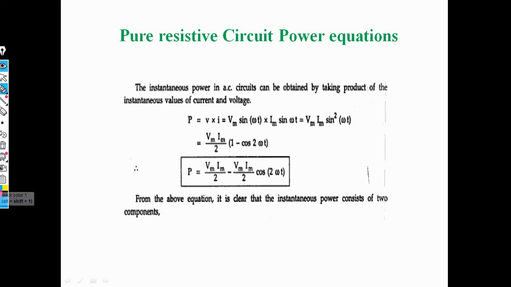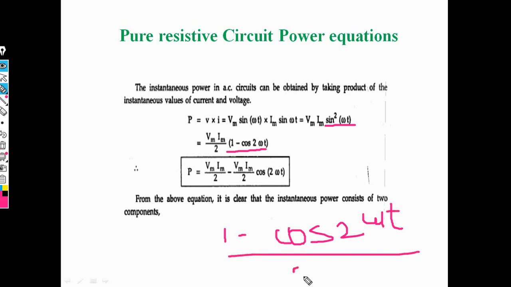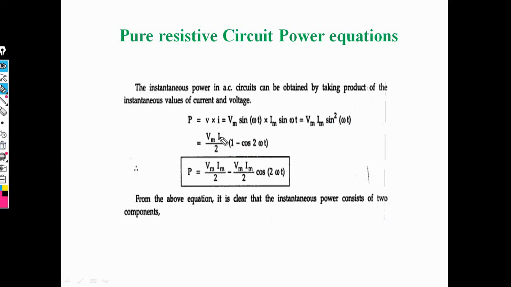This formula is put here, so we get Vm into Im upon 2 into the bracket 1 minus cos 2 omega t. Then this term is multiplied by 1 minus cos 2 omega t.